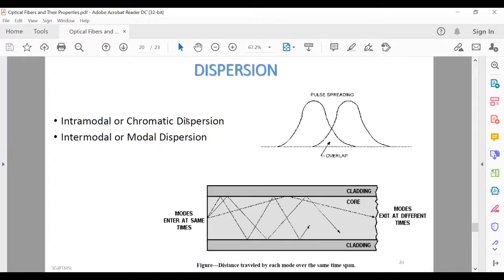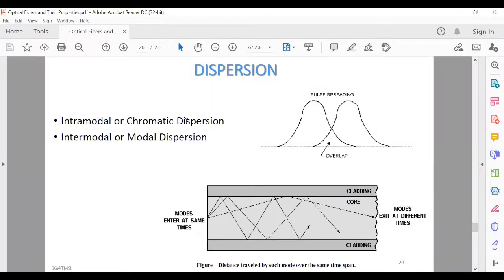Intramodal dispersion occurs because different colors of light travel through the different material and waveguide structures at different speeds. Material dispersion basically occurs because the spreading of the light pulse is dependent on the wavelengths, which interact with the refractive index of the fiber core.